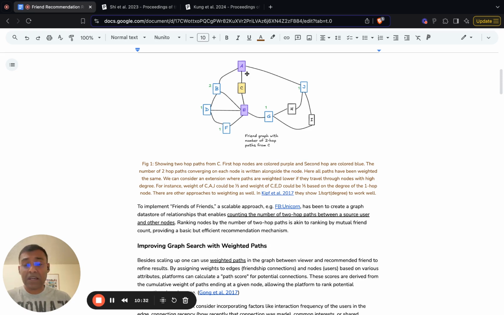For instance, maybe the CA relationship was set up a year ago, but the CE friendship was just created. That stands to reason that the out degree from E, the second hop so to speak, has been relatively less explored, and it might be better for the recommender system to up-rank these candidates right now.